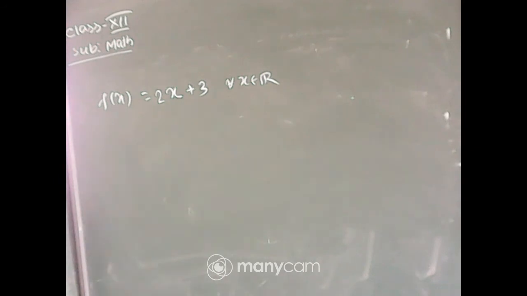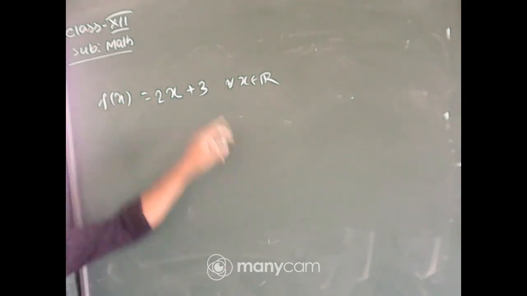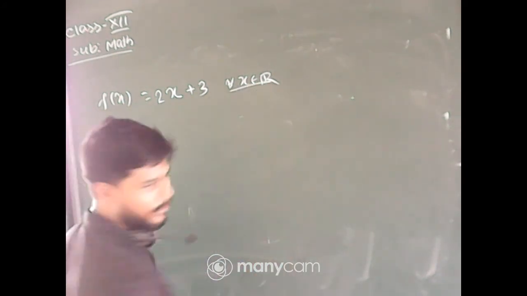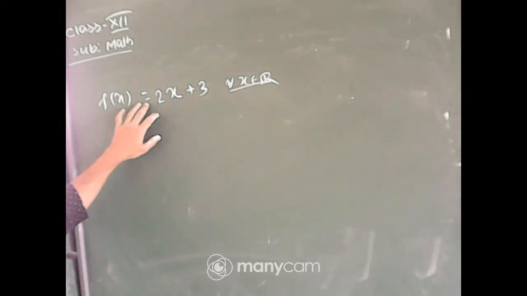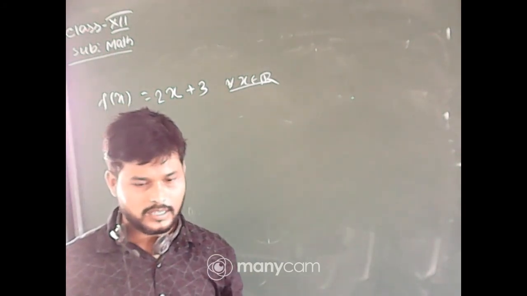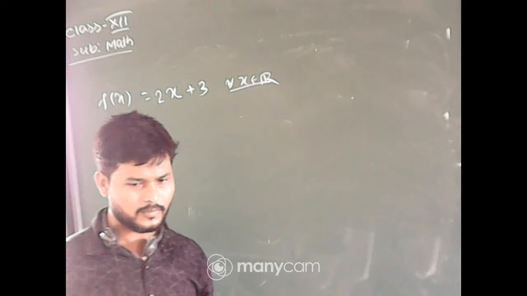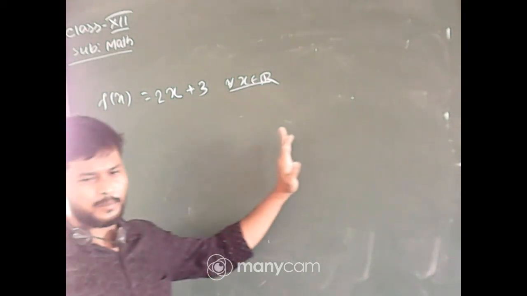We have to check whether the function is an increasing function or a decreasing function in this domain, when x is a real number. To prove this, there are two procedures, and I am doing both.